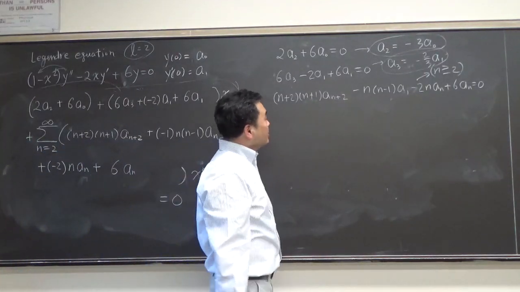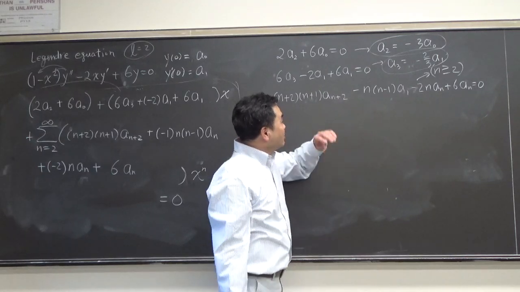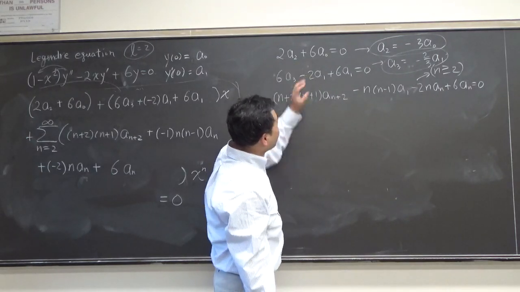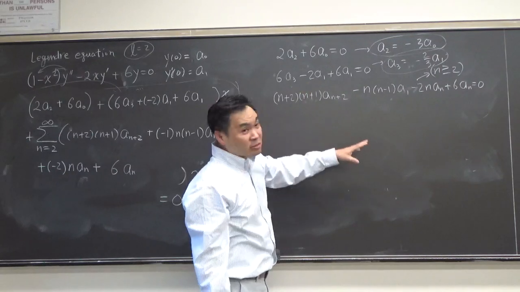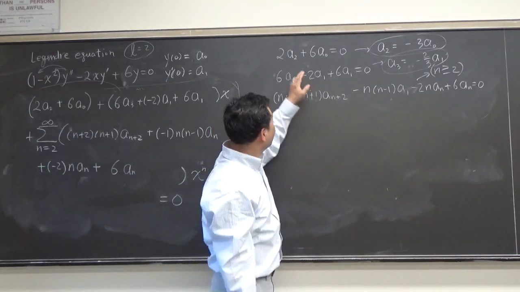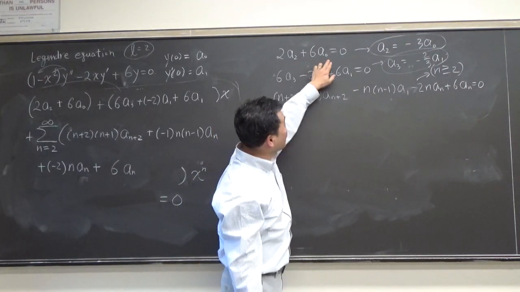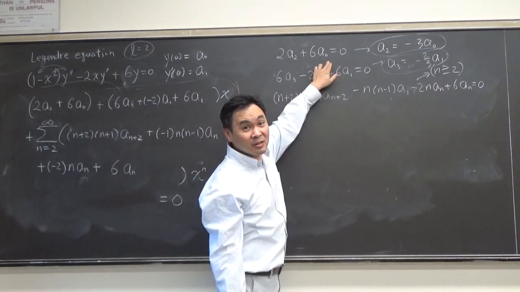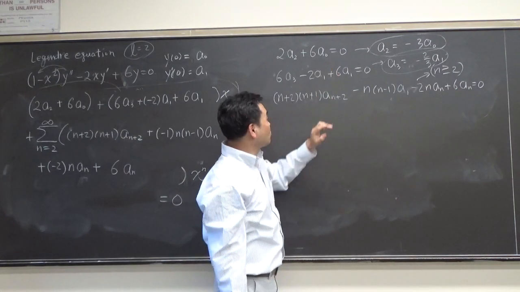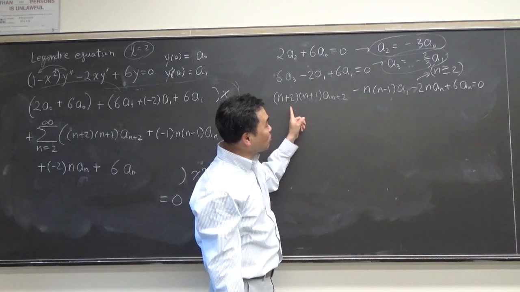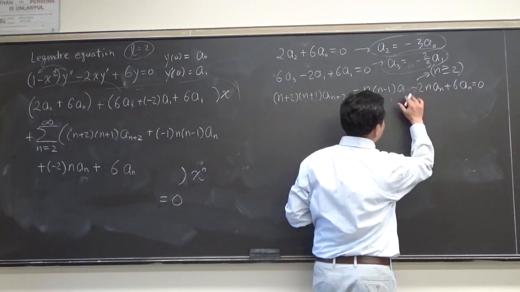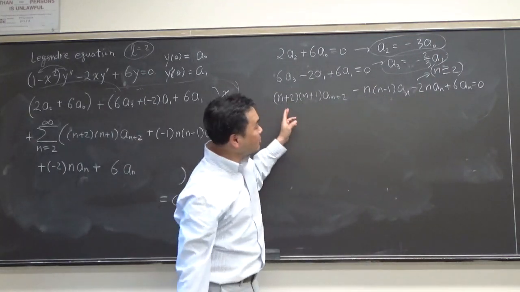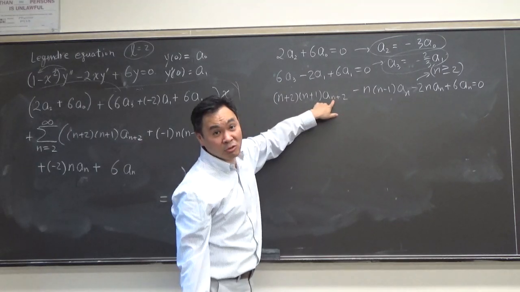Now we have to solve for this, but notice that because we're trying to have everything expressed in terms of a0 and a1, you always solve the higher index by the lower index, right? Do you agree? So you want to solve this in terms of a_{n+2}.